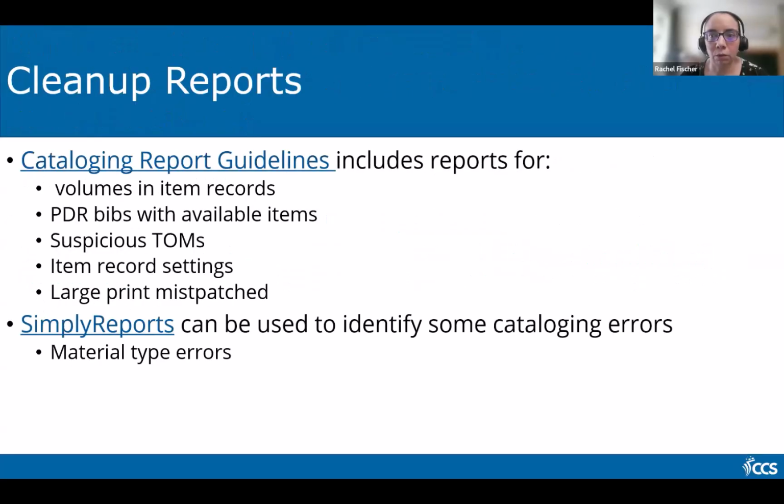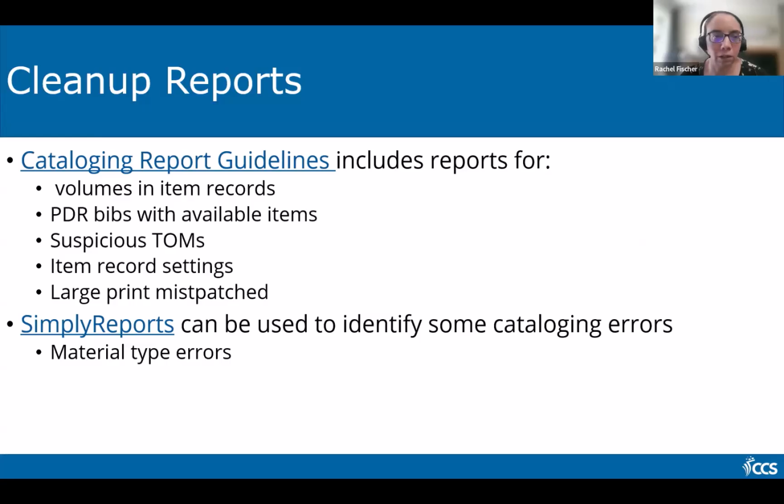There are a number of reports that can be used to help identify errors with some local practices that I reviewed today. The Cataloging Report Guidelines page lists many reports, how you can run the report, and the frequency that you should run it.